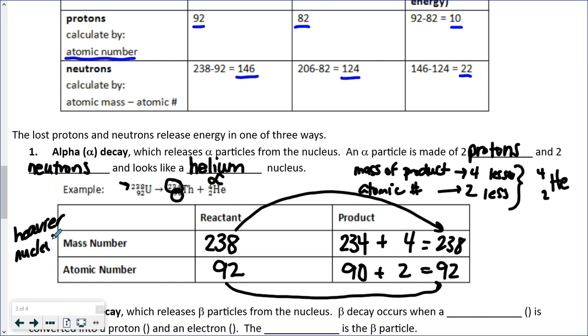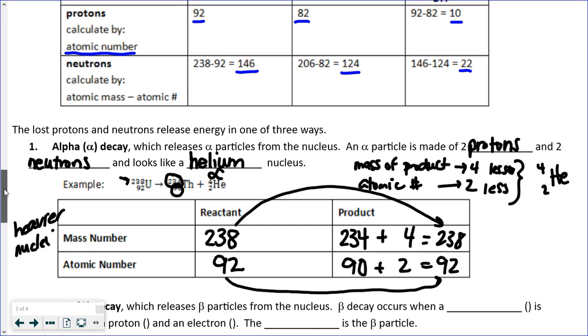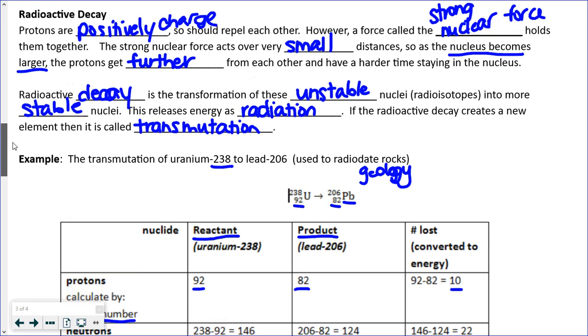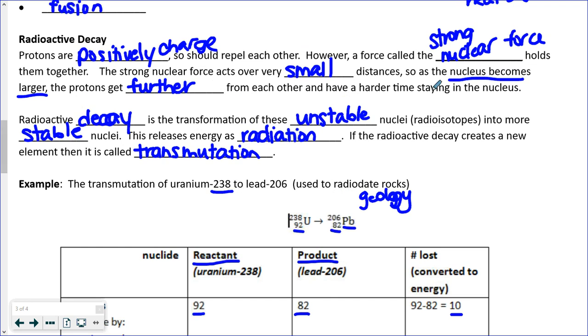So this happens quite often in heavy nuclei, again because of the strong nuclear force. As there are more and more protons, and uranium has 92 protons, as they get farther apart, that strong nuclear force is less likely to be holding it together.